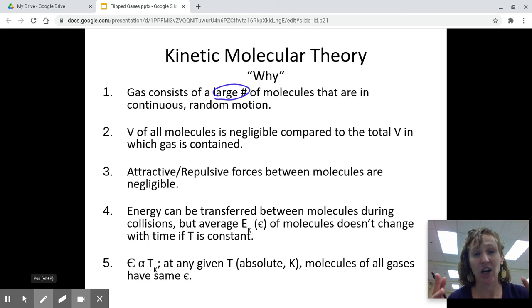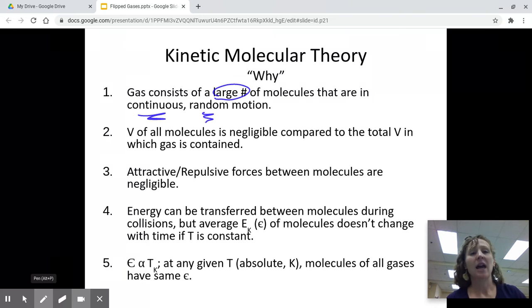It's always in continuous random motion. If there was one molecule, it would hit this wall, it would hit this wall, and your force would be unevenly distributed. But because there's so many molecules in continuous random motion, you really get equal pressure, equal motion, average temperature occurring.